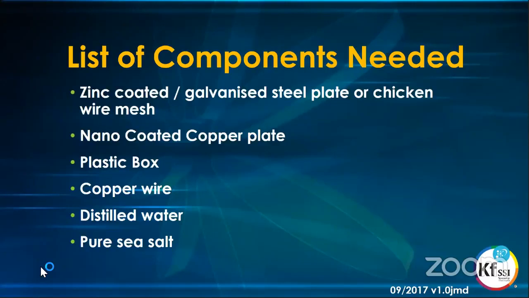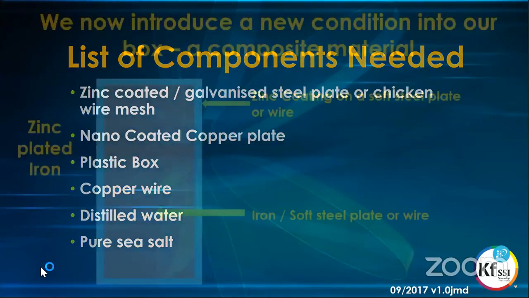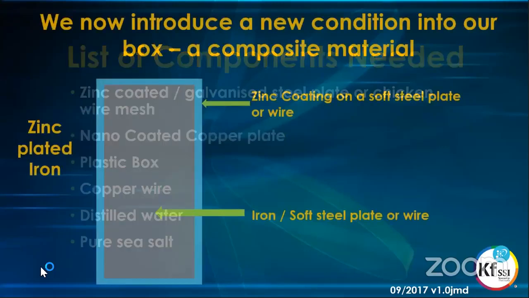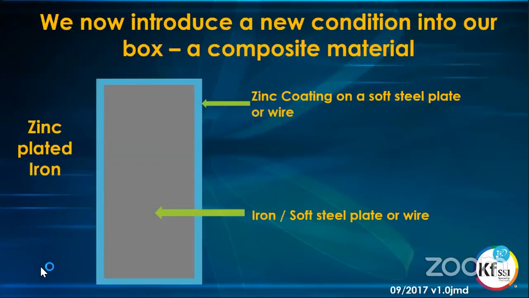Again, here is a list of what you'll need. It's exactly the same as the CO2 box. We have our copper plate, but what we need now is a zinc coated plate, or galvanized steel plate, or chicken wire mesh, because now we are introducing a new condition into our box.